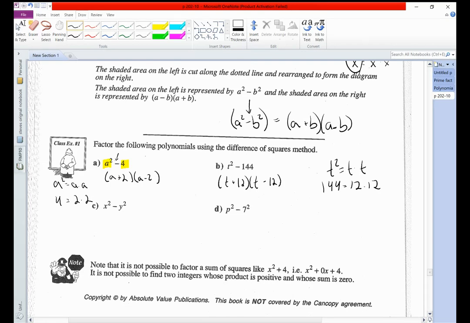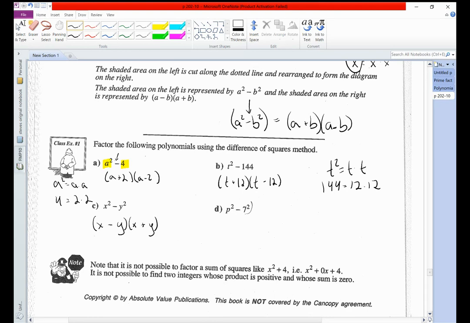Next one, x squared minus y squared. Well, x squared is a perfect square, x times x, and y squared is a perfect square, y times y. One will be negative, one will be positive. As long as one's negative and one's positive, the order doesn't matter.